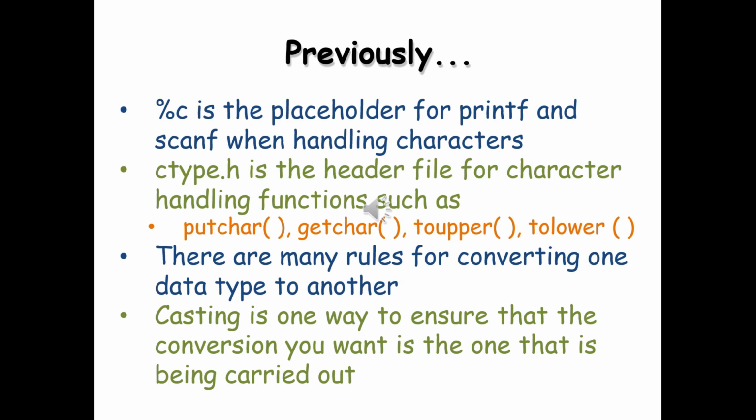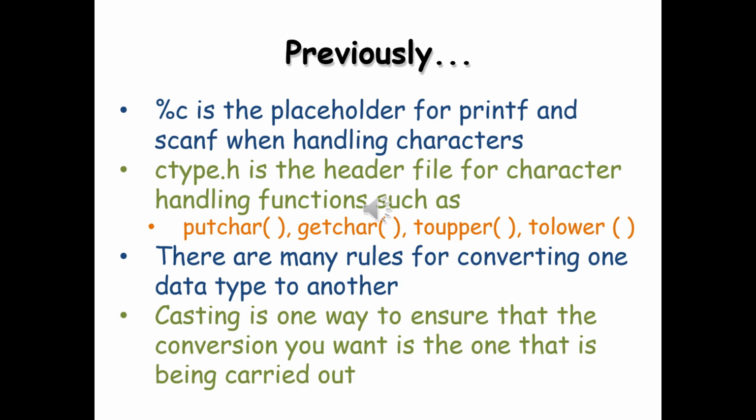Think of it like a toolbox full of tools specifically designed for handling characters. Inside this toolbox, we've got functions like putchar, which prints out a single character, and getchar, which gets a single character from input. Then we've got functions like toupper and tolower, which help us convert characters to uppercase or lowercase. It's like having tools that can change the shape or size of our building blocks.